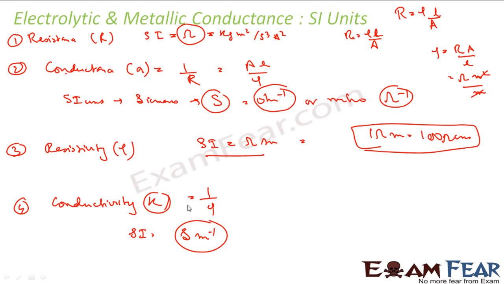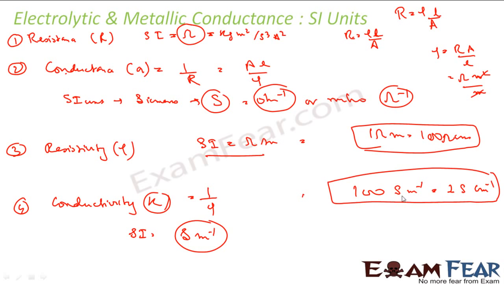So conductivity of a material is its conductance when it is 1 meter long and its cross section is 1 meter square. Correct? So if you want to see the relation, a bit similar to here, we have 100 Siemens per meter is nothing but 1 Siemens per centimeter. You can do the math and see why it is, right?